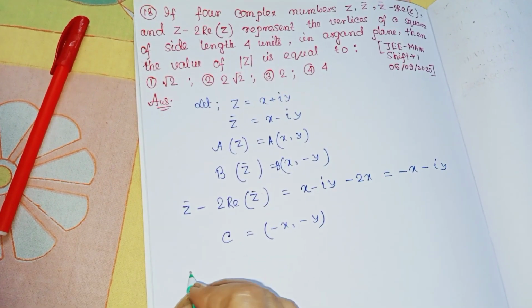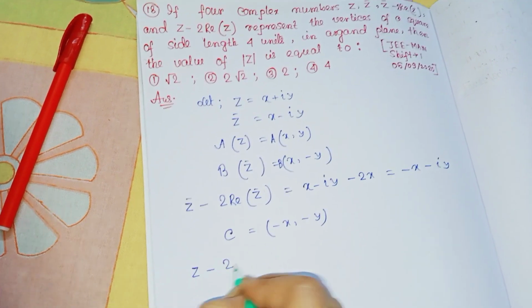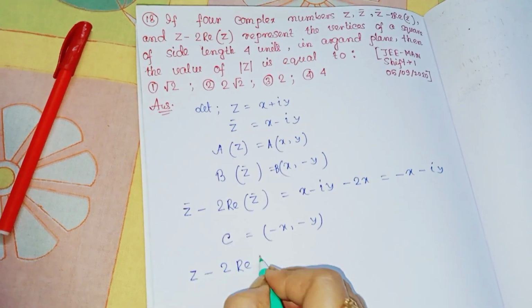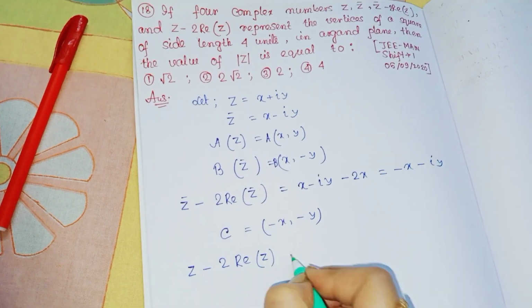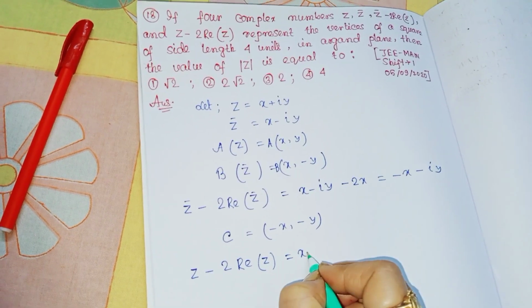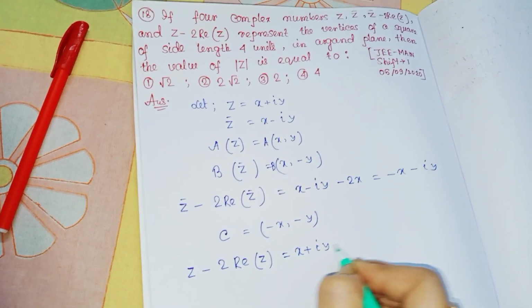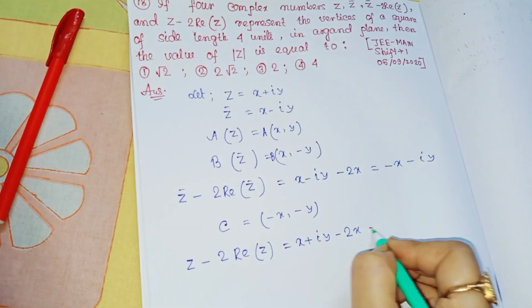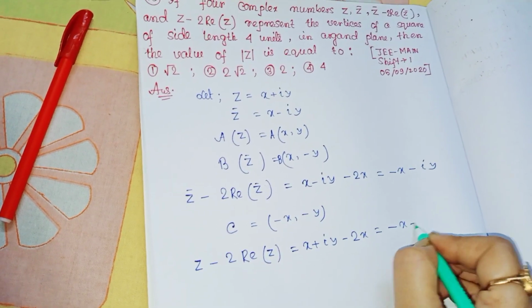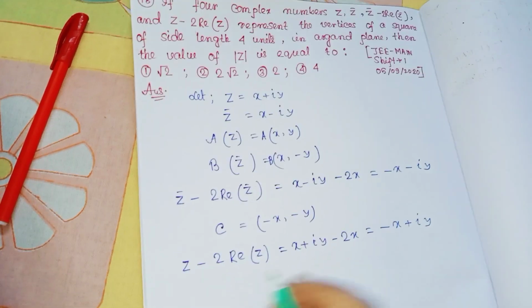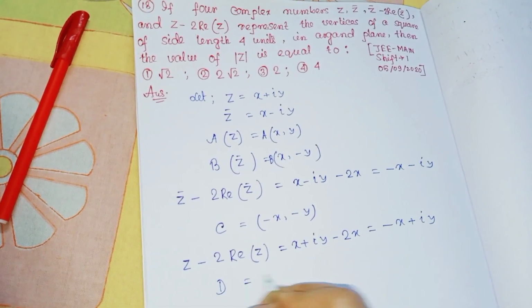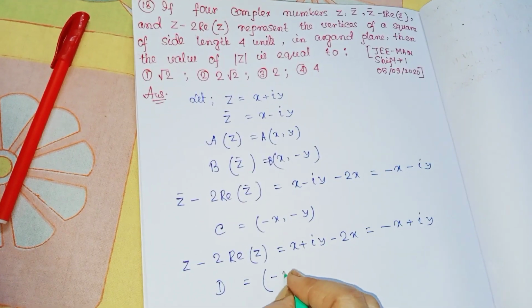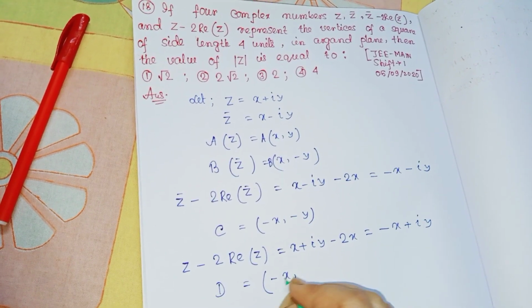Another vertex, z minus 2 real z, is x plus iy minus 2x, which is minus x plus iy. If this point is D, the coordinates of D are minus x comma y.